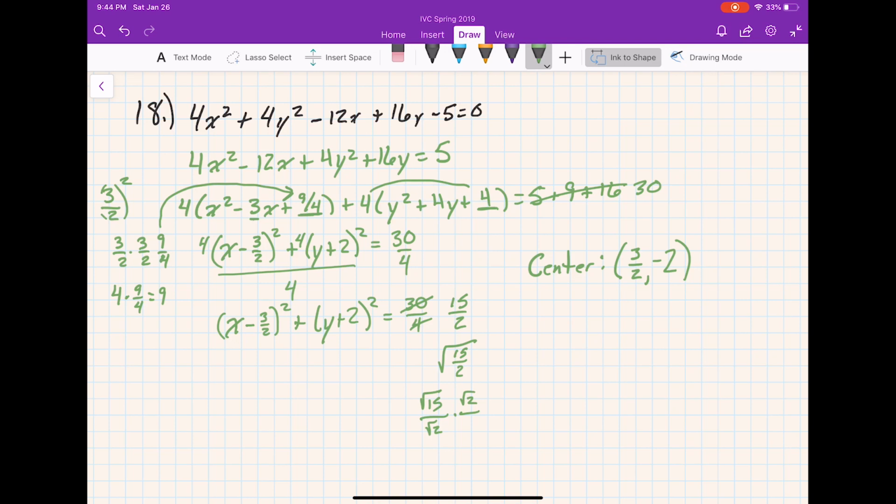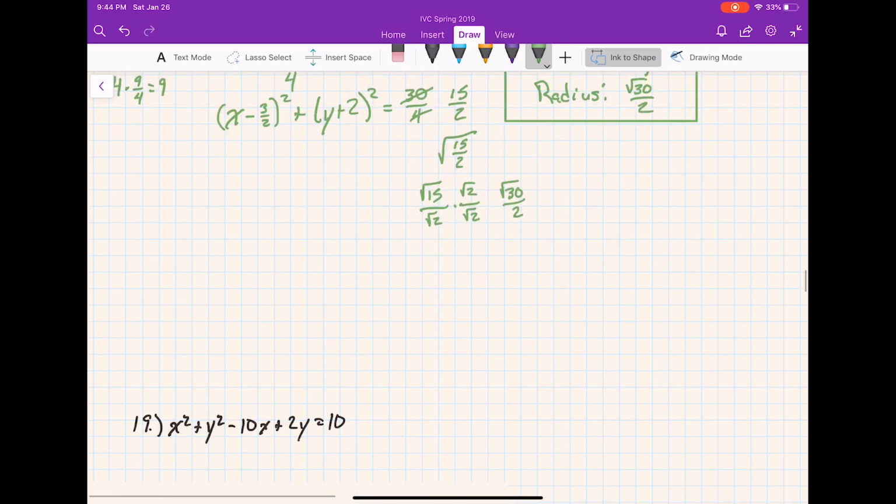Get rid of this radical on the bottom by multiplying, and that is going to get us the square root of 30 over 2. There we go. All right, so our radius is the square root of 30 over 2. This all looks really nasty, but that is the answer. So there you have it.